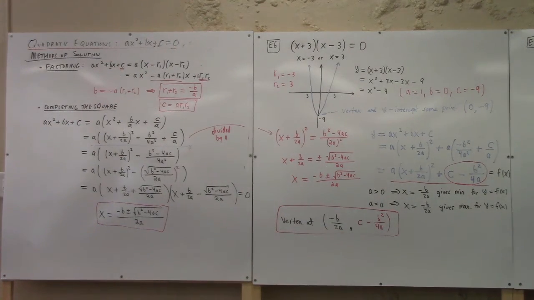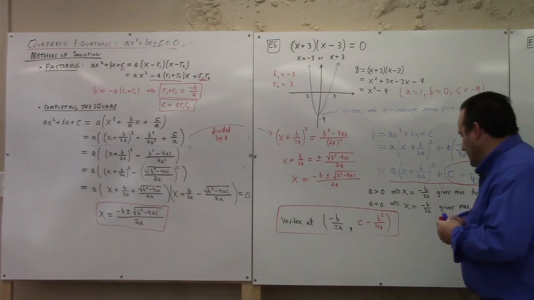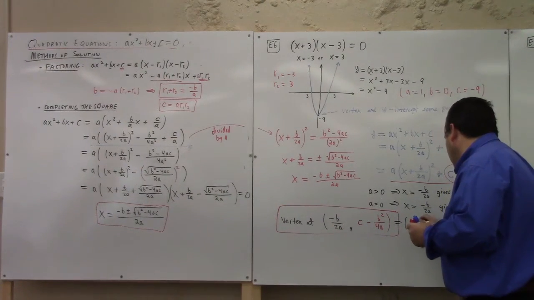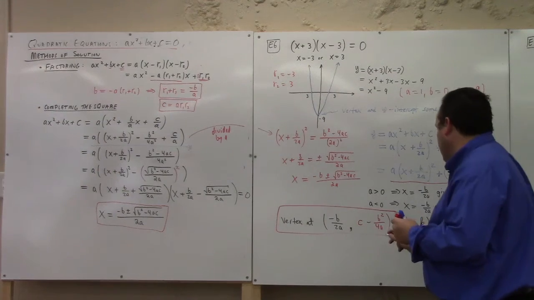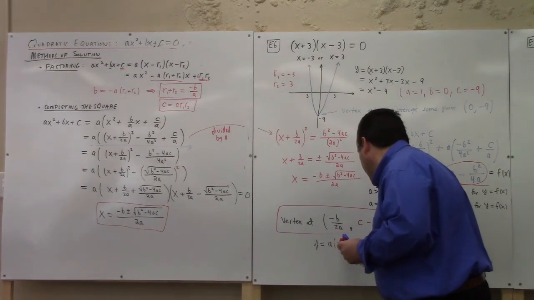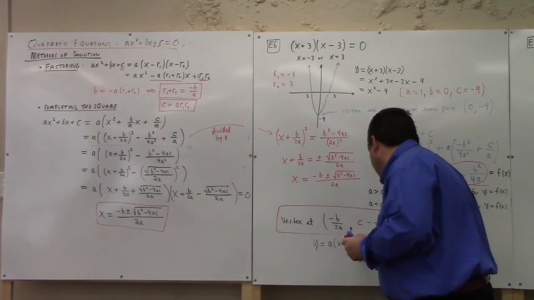Now, a lot of times people like to use the language: they say the vertex is at h comma k. And if you use that language, notice that the graph of the parabola looks like this: y equals a times x minus h squared plus k.